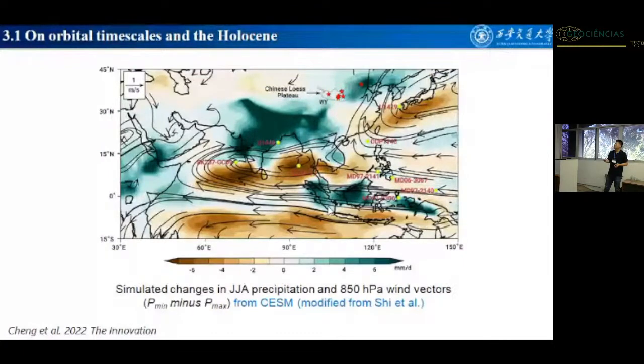You can see when the P minimum minus the P maximum means the summer insolation is high, the monsoon is strong. You can see northern China and the Indian continent have more rainfall, but the ocean is dry.